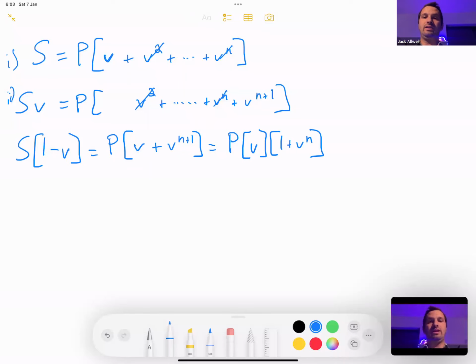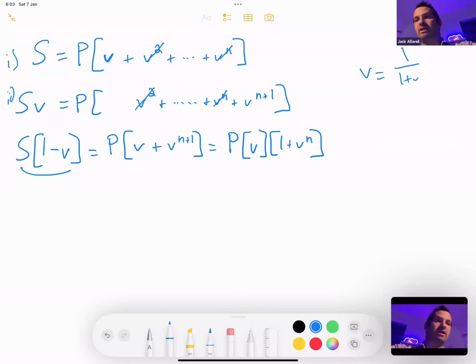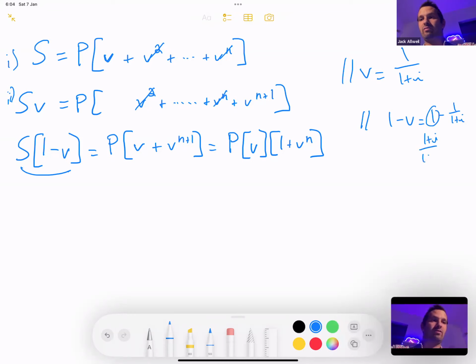Now, this S times 1 minus V. What is V? Once again, V is the discount rate. That is 1 over 1 plus i. So, I'm just going to put this in a sidebar. 1 minus V equals 1 minus 1 over 1 plus i. And this 1 we could write as 1 plus i over 1 plus i.